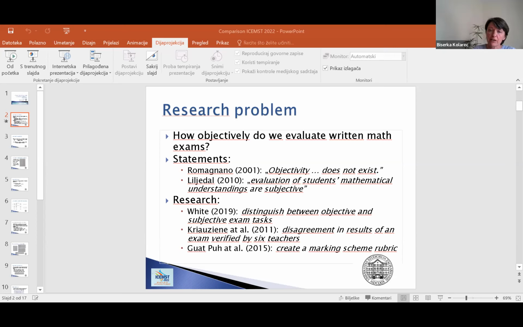A serial evaluation method assumes that a teacher takes a student exam and goes through one individual student exam from the first to the last task. Our exam had 5 tasks, so the serial method would assume the teacher evaluates tasks from 1 to 5 for the first student, and then takes the other and evaluates the whole exam.